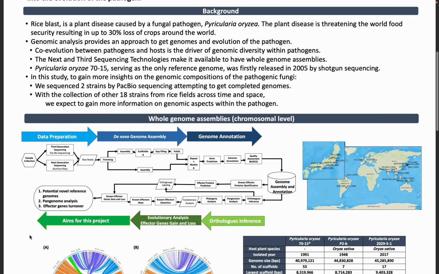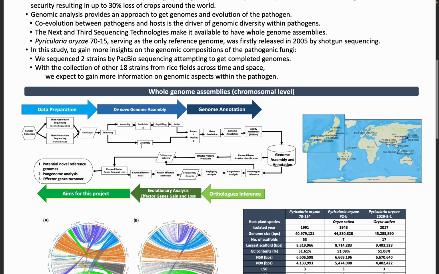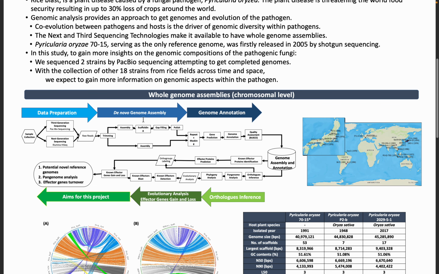Here, the left figure is the main workflow that we conducted for this research, from data preparation to the aims of this project. First, we did de novo genome assembly instead of reference-guided genome assembly, because we want to prevent any bias from the reference.